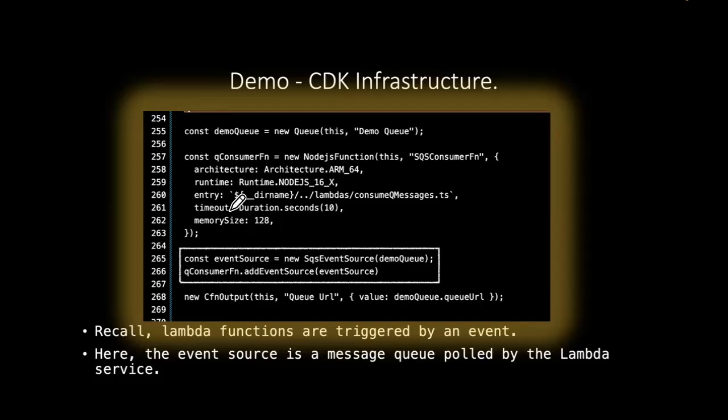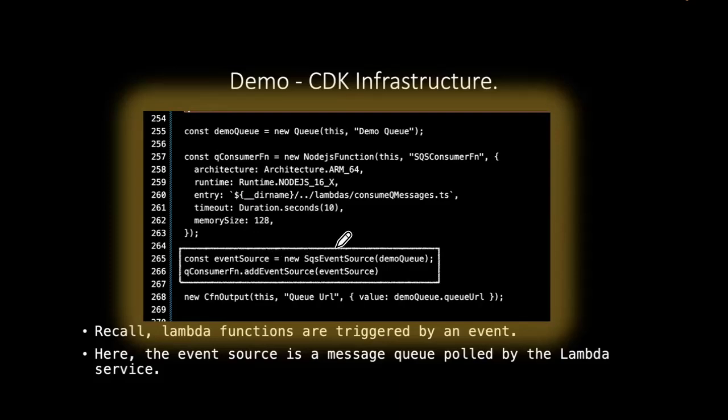So that's fine. This here then is how we tell the Lambda service, I suppose, that this Lambda function needs to be a consumer for my queue. Okay. So it's a two-step process. You first of all create an event source.